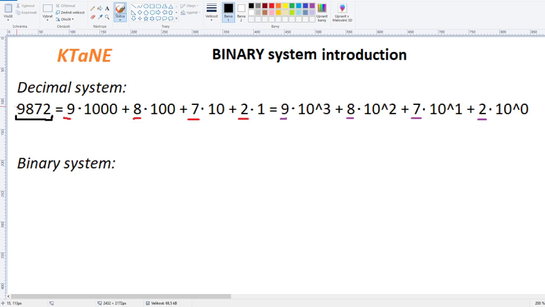Therefore, we can write this number as 9 times 10 to the power of 3, plus 8 times 10 to the power of 2, plus 7 times 10 to the power of 1, plus 2 times 10 to the power of 0. Because 10 is the base, since we are in the decimal system, and all these digits, 9, 8, 7, and 2, are from the decimal system.